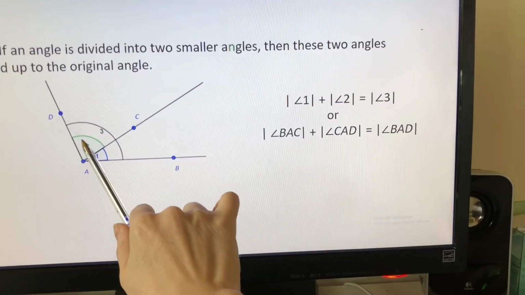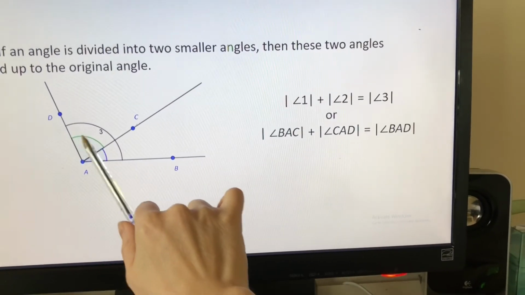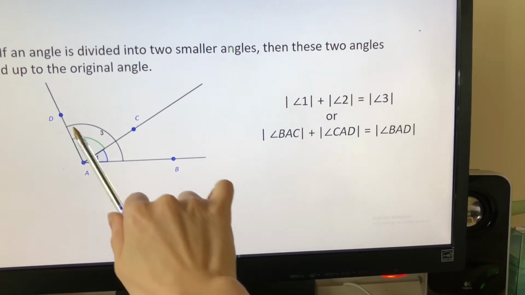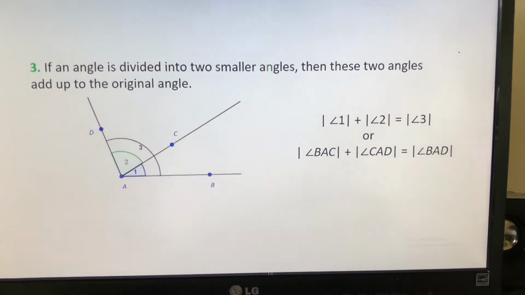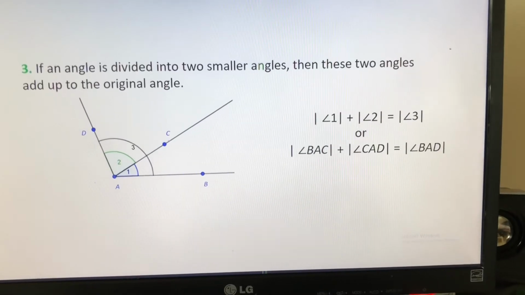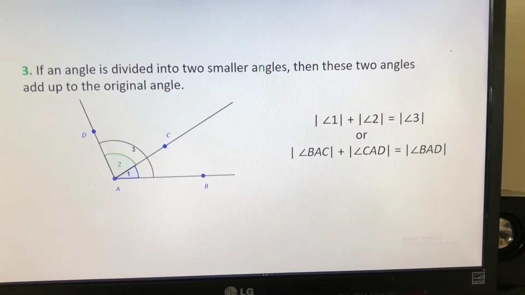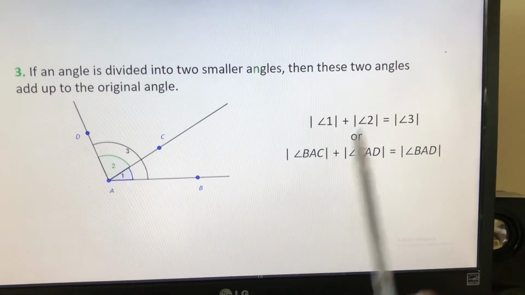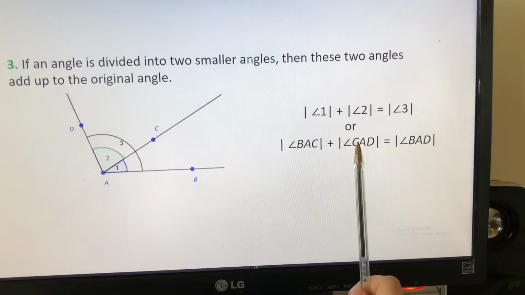Together, angle 2 and angle 1 make the same amount of degrees as the entire angle 3. So if an angle is divided into two smaller angles, then those two smaller angles will add to make the original degree. Let's check that we can understand that in notation form.